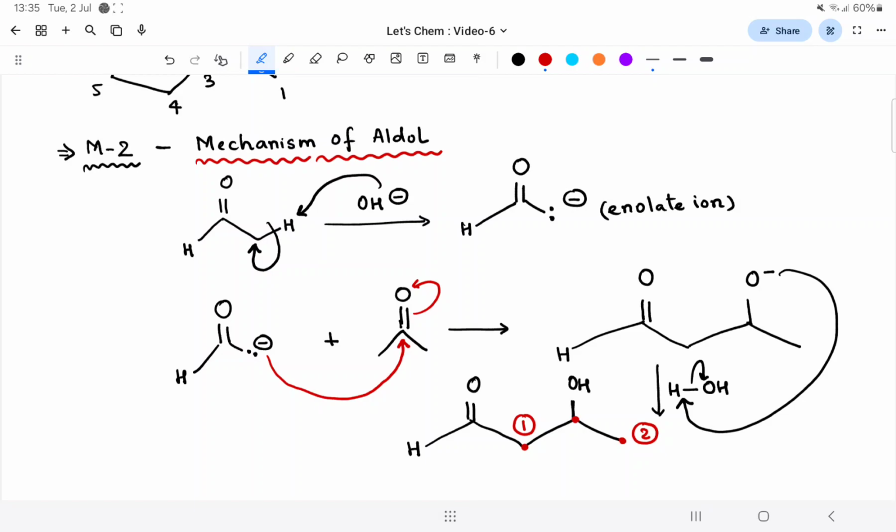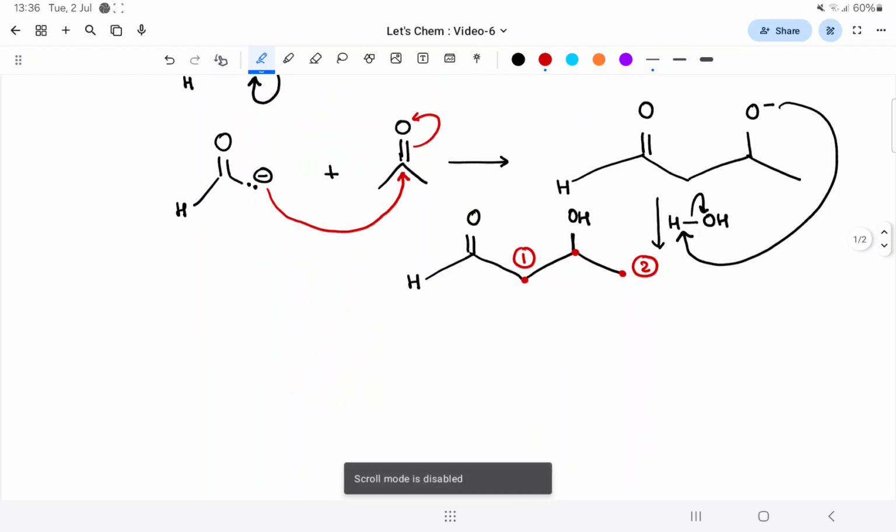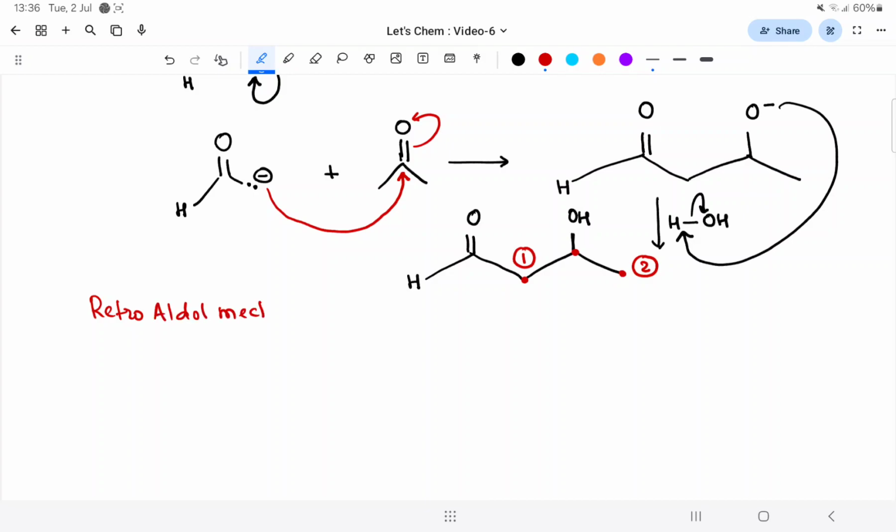Now we are going to talk about the mechanism of retroaldol. Okay guys, what I am going to tell you is about the mechanism of retroaldol. So just see here. The heading is retroaldol mechanism.